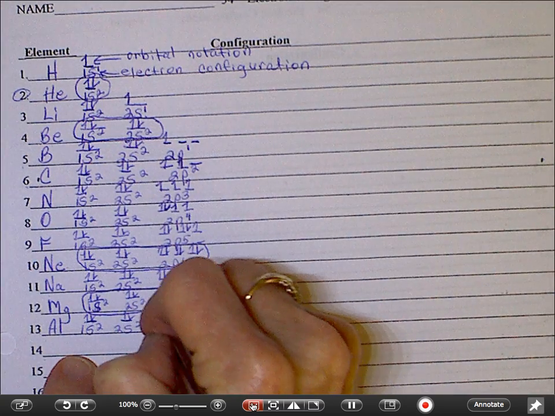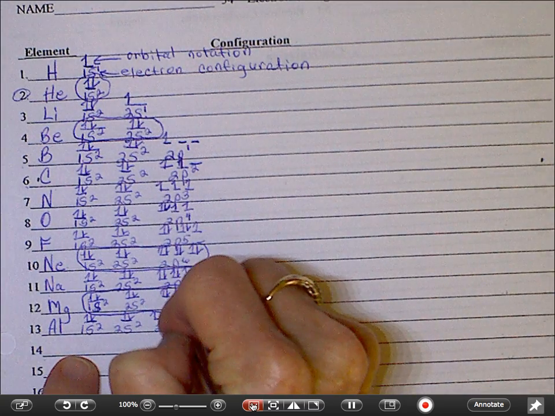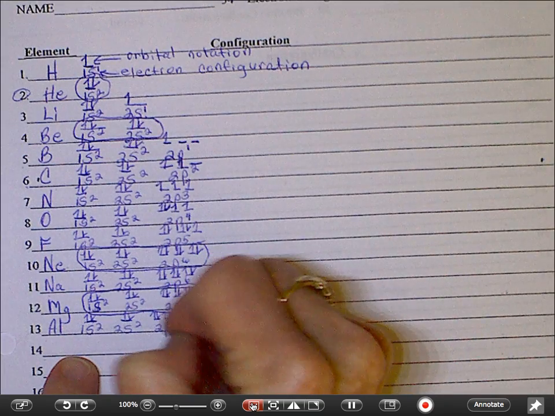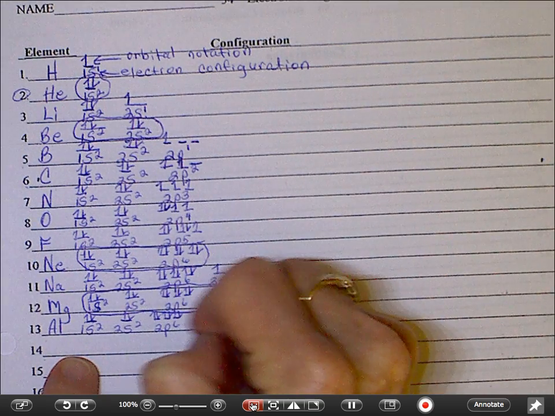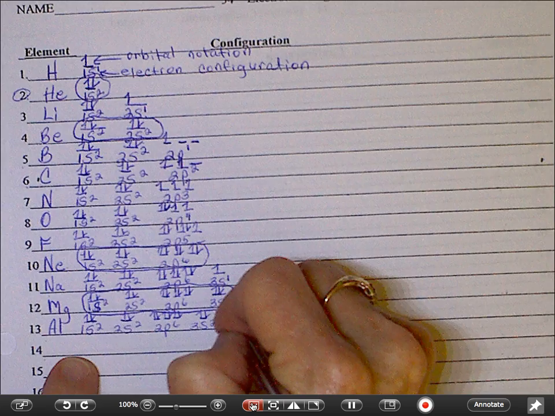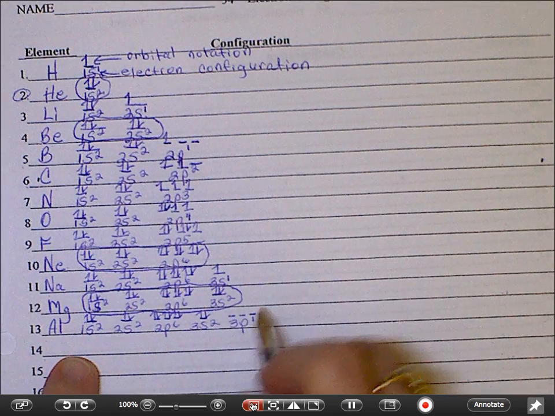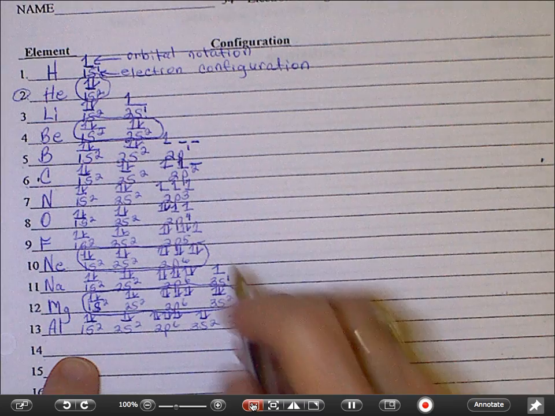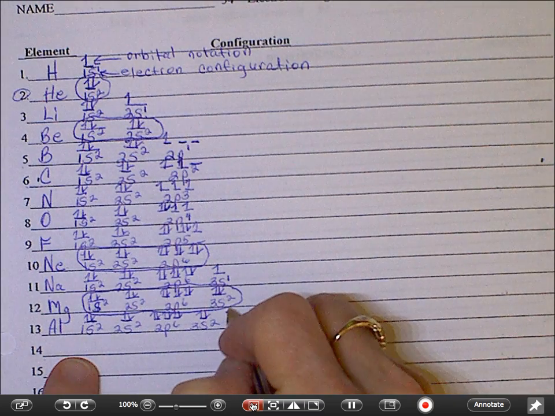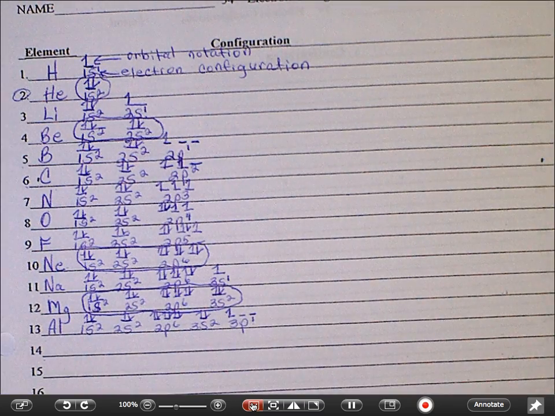This one is filled. This one is full. And this one only has how many? Everybody still with me? All right.